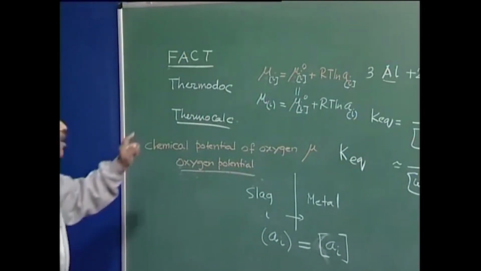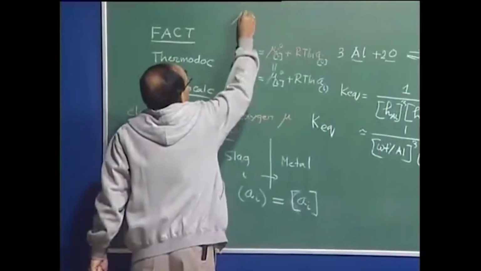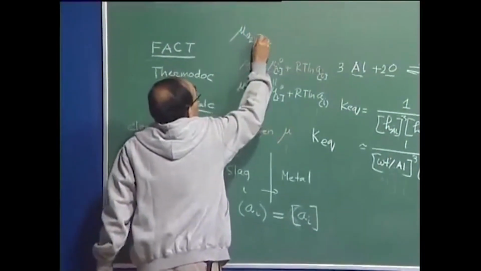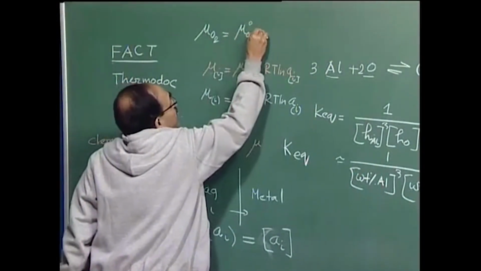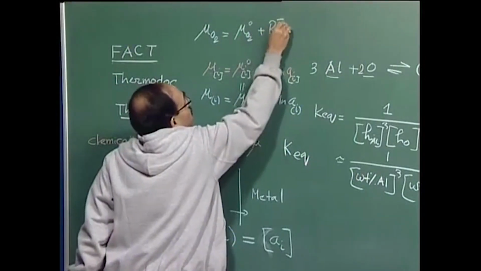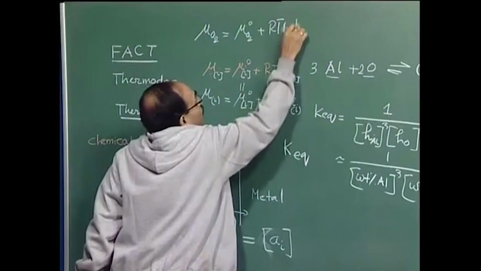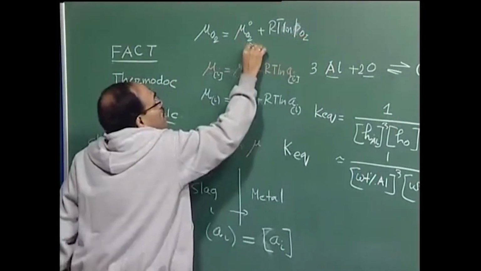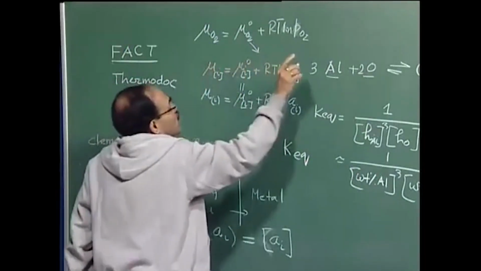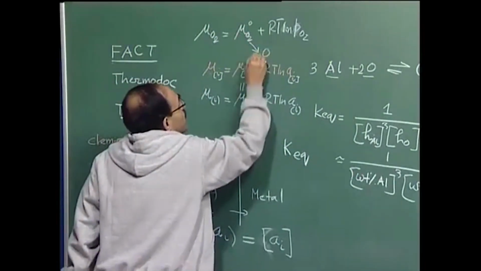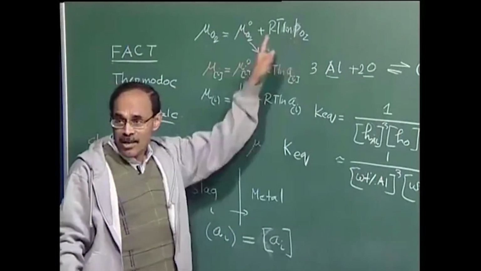Now, we can find the chemical potential of oxygen, defined as mu_O2 equals mu_O2 standard plus RT ln pO2. That is the fundamental definition. Because oxygen is in the pure state, if you assume only oxygen is available, the activity term is equal to 0, and the chemical potential is directly related to the partial pressure of oxygen.